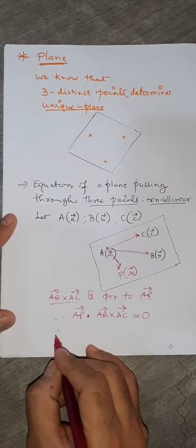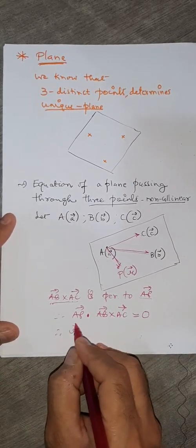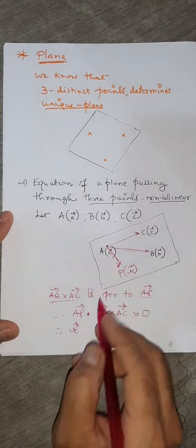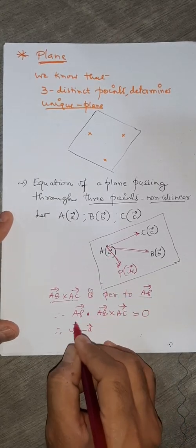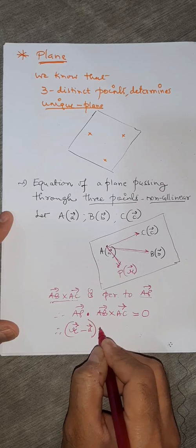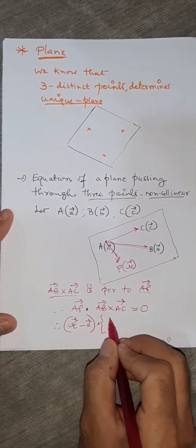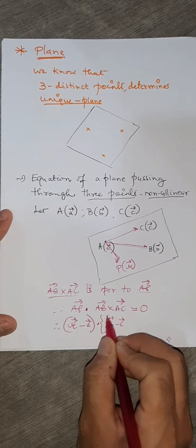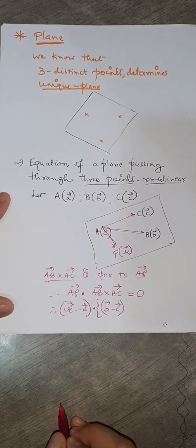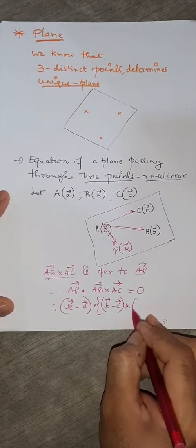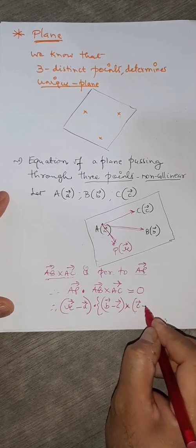Now if I write in terms of the position vectors, this is vector r minus vector a dot, here inside the bracket, vector b minus vector a, cross vector c minus vector a.